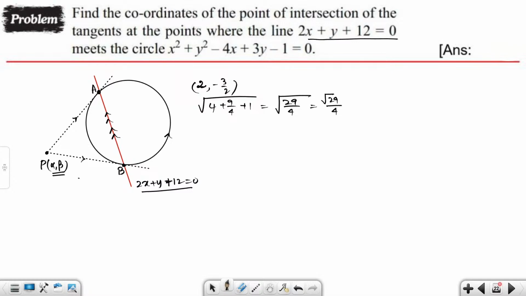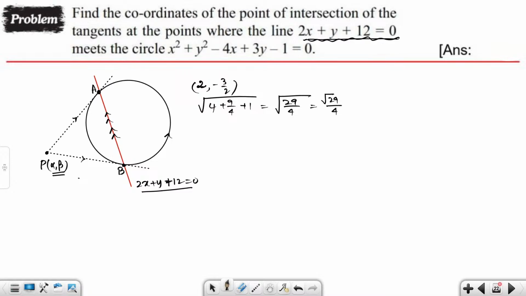I will show you how we get it, but if we get the equation of AB in some other way, then, since we have already been given the equation of the chord of contact, I will simply compare their coefficients to get the values of alpha and beta. Easiest way I am telling you.